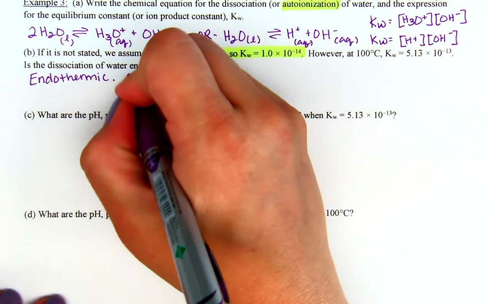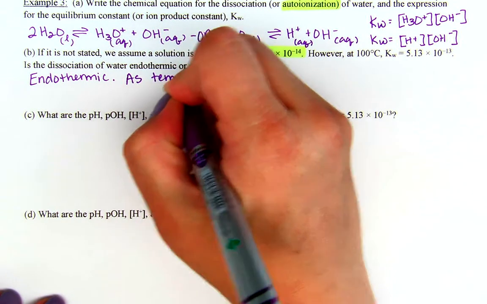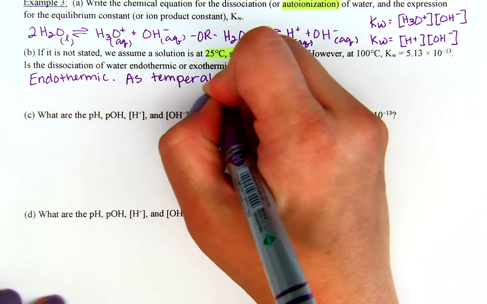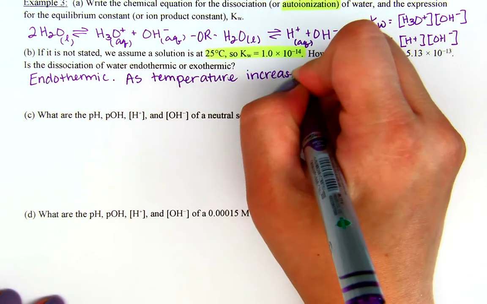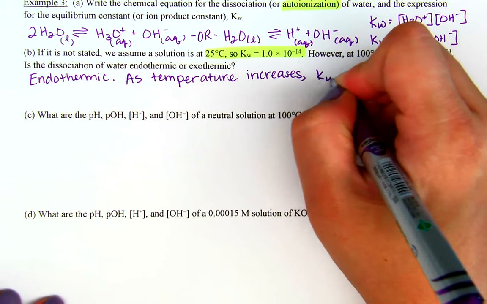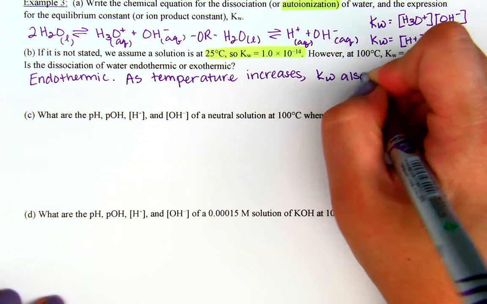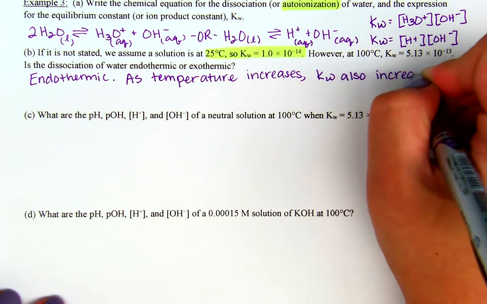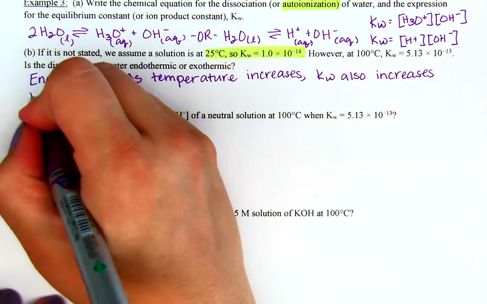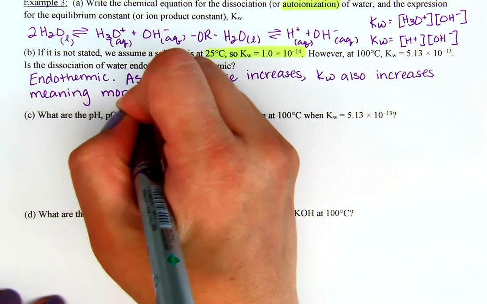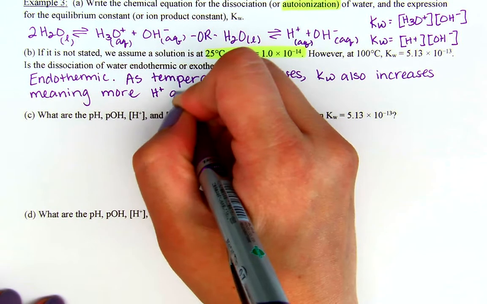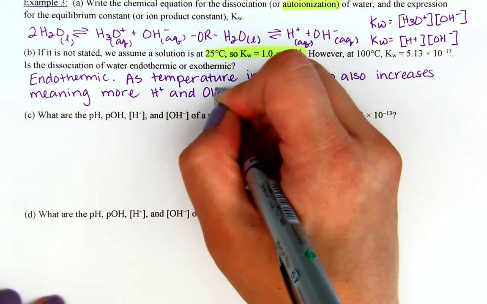So as the temperature increases, Kw also increases. Meaning more hydrogen and hydroxide ions are formed.